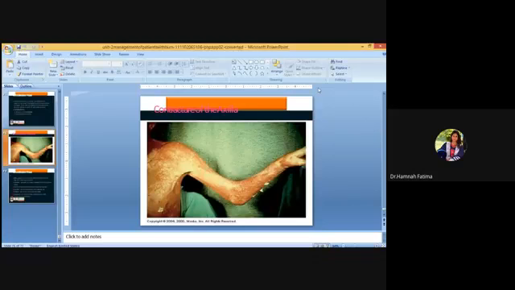Let's discuss acid or alkali injury, typically characterized by chemical burns. In chemical burns, what happens? Basically, acid damage is more severe and drastic than alkali.